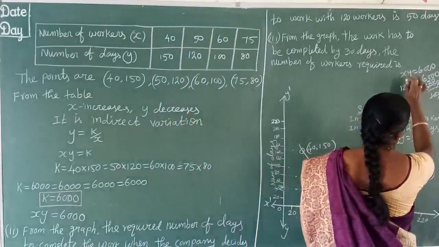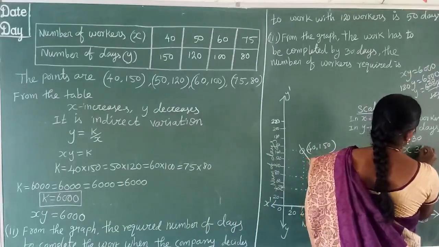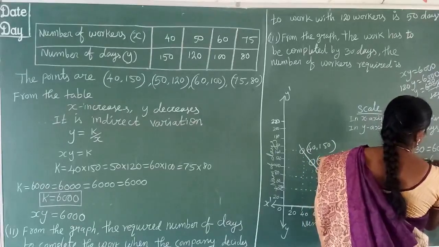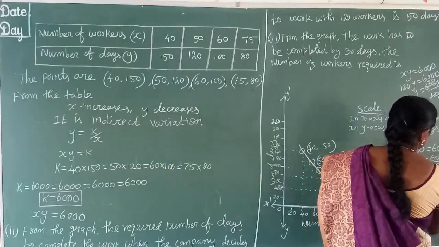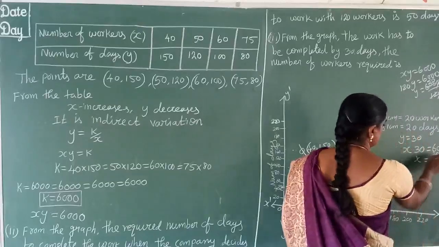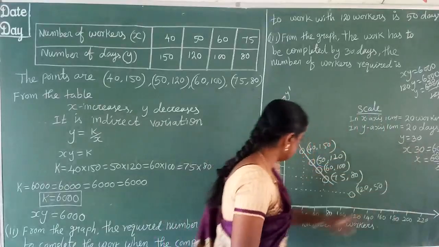So substitute the y value 30, so 30 is equal to 6,000 by x. So x is equal to 6000 by 30. Simplify: 3 1s are 3, 3 2s are 6, so 200. So x is 200. So y we take 30.